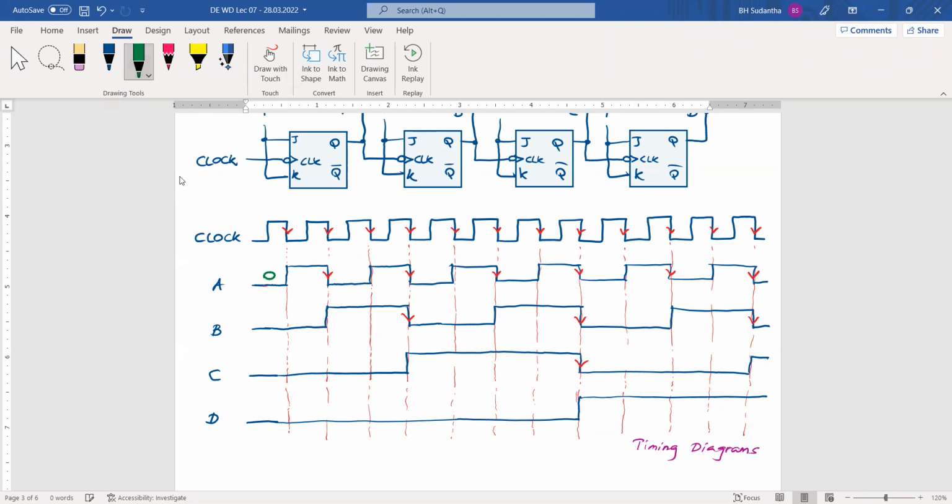Here A0, B0, C0, D0. Then here A1, B0, C0, D0. Here A0, 1, 0, 0, 1, 1, 0, 0, 0, 0, 1.